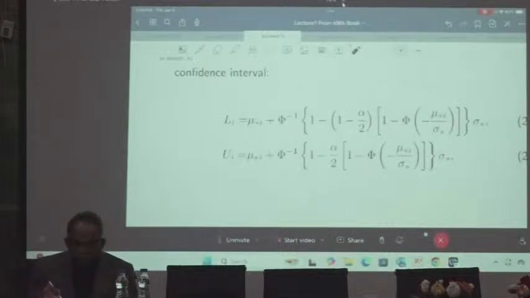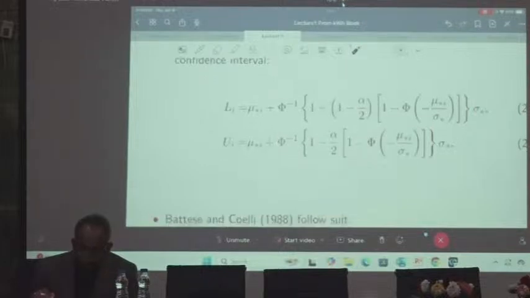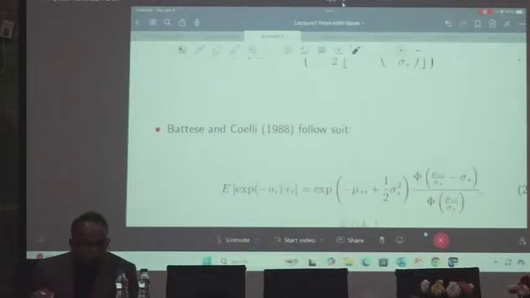So these are the lower and upper limits. Stata will give you, or R will give you, not only the point estimates, that is, the estimate of inefficiency for each individual, no matter whether those are individual students like you, or individual farmers, or individual companies, and things like that.